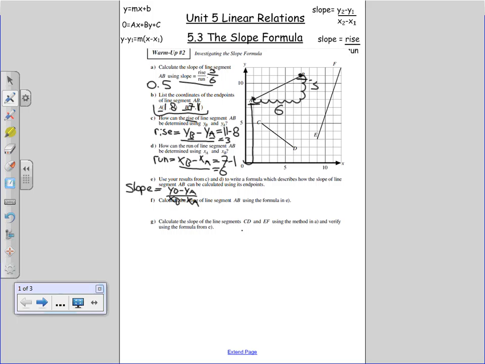So no longer do you have to worry about drawing out and taking time to properly draw. So if we calculated the slope using that formula, we would still get 3 over 6, it's still 0.5.